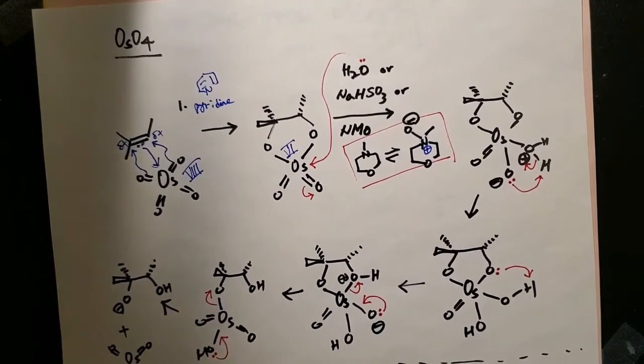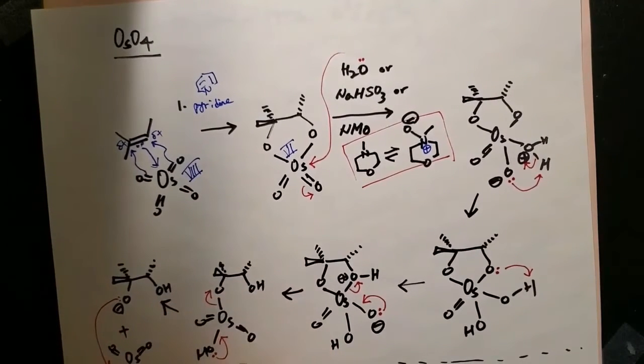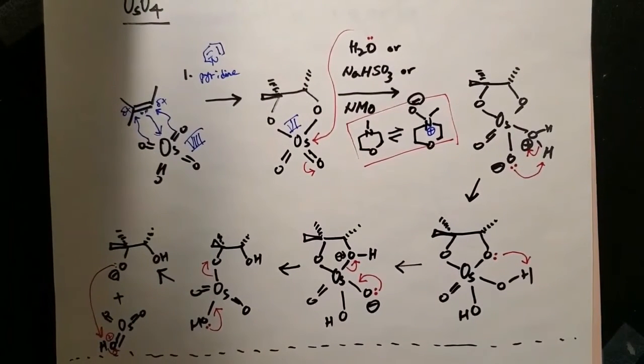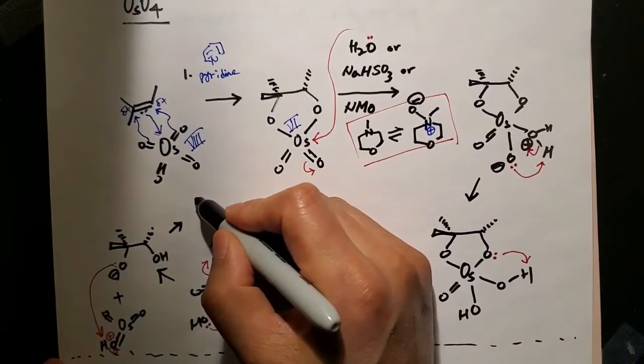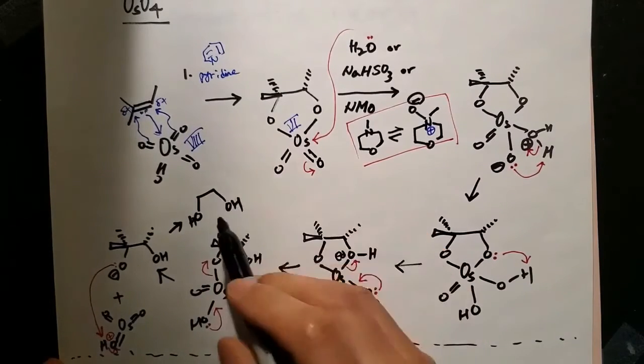And this oxygen is positive, so this is able to attack here and break this oxygen off. Let me show you properly. Yeah, here. Then finally, our product out of all this lengthy mechanism is diol.